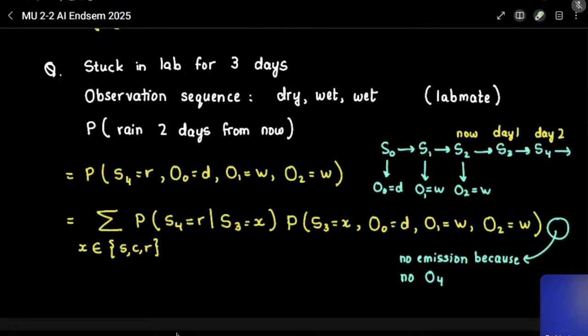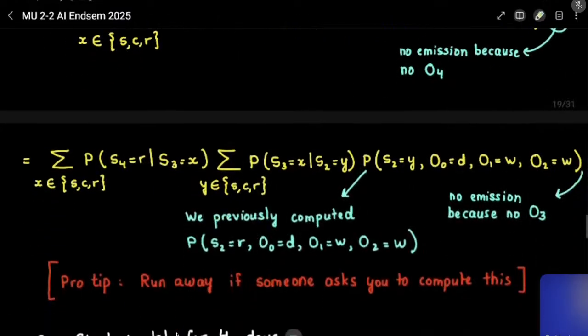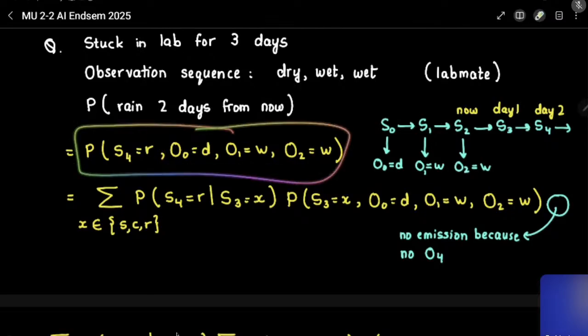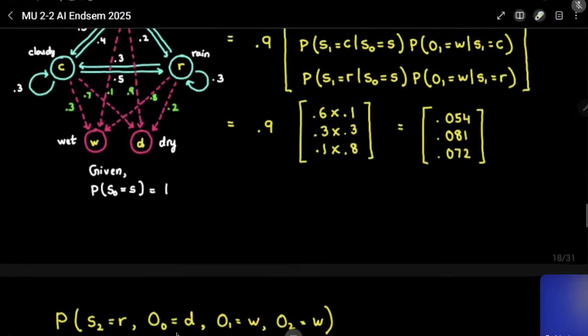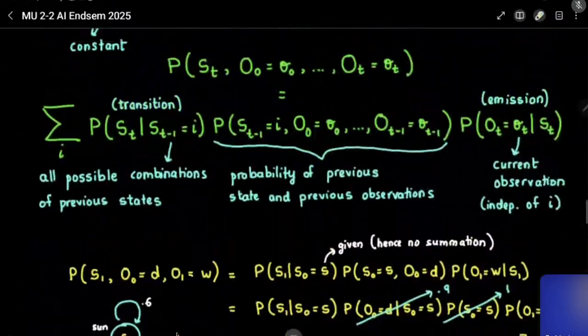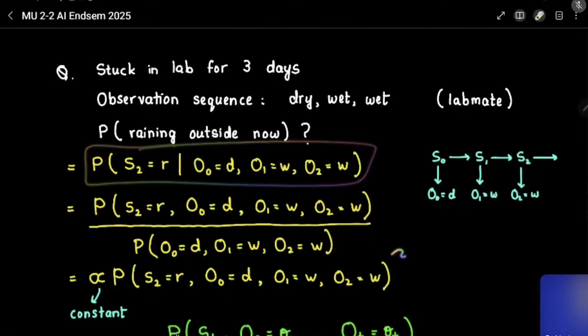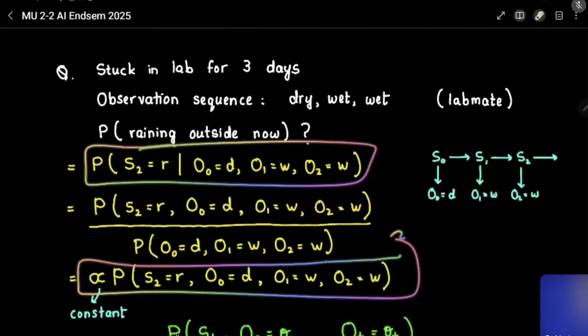But we know that this is given, right? So it is actually the probability that S4 is raining, given that this is the observation sequence. But if we looked at the previous problem, we know that finally it will boil down to this one only. This will be the numerator. If you look at this problem, it will all boil down to alpha times the numerator.